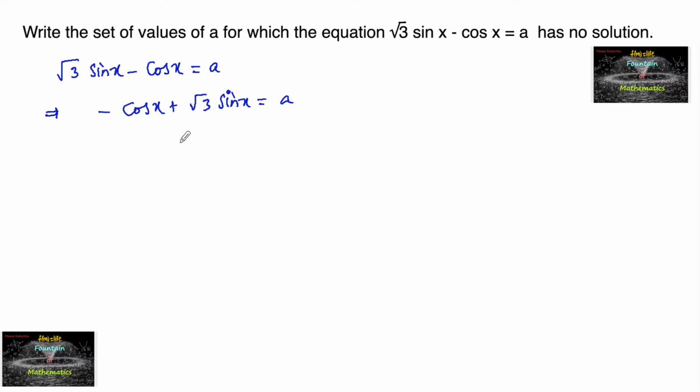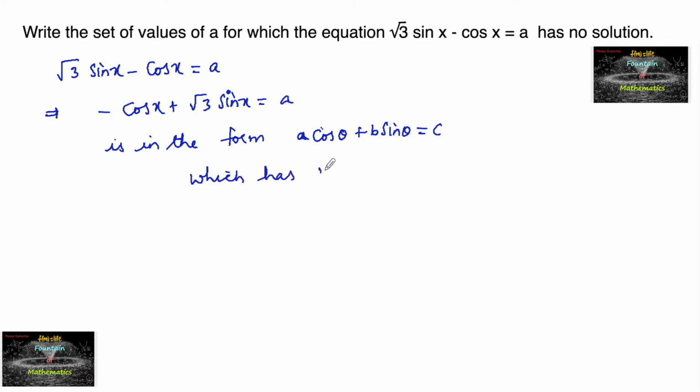It is in the form a cos theta plus b sin theta is equal to c, which has no solution when mod c is greater than root over a square plus b square.